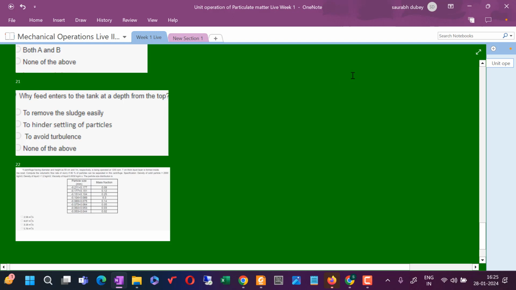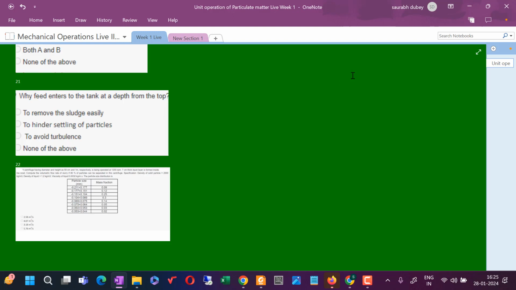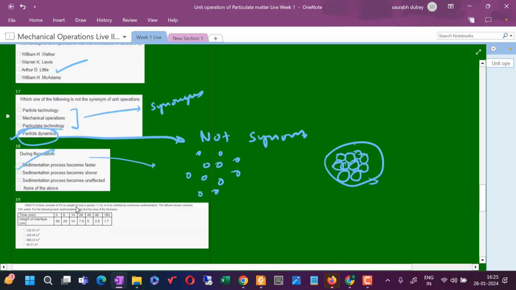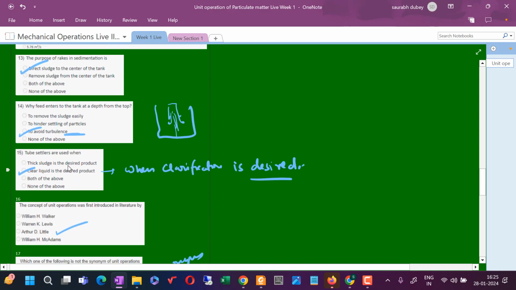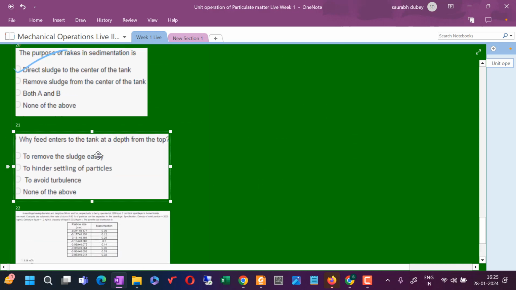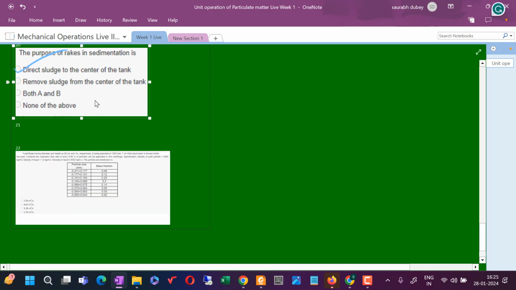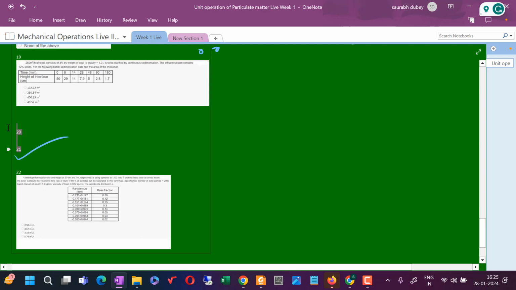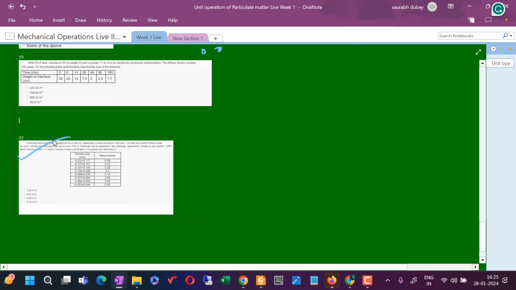To avoid the turbulence. This also we have solved here. Yes, question number 14. So 13 and 14 we have already solved, and you can remove these. So only 20 questions we had.